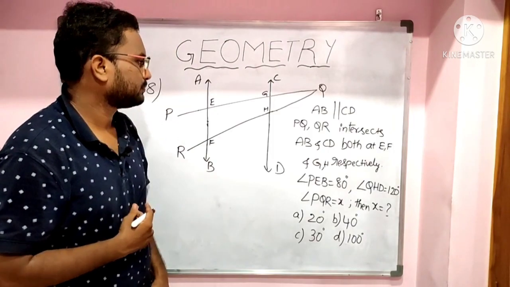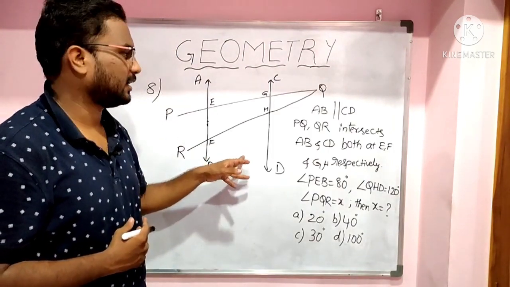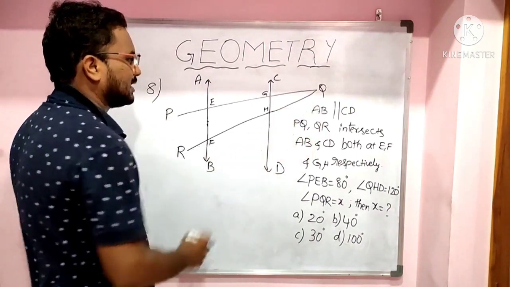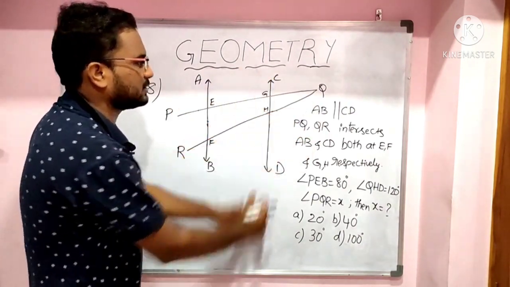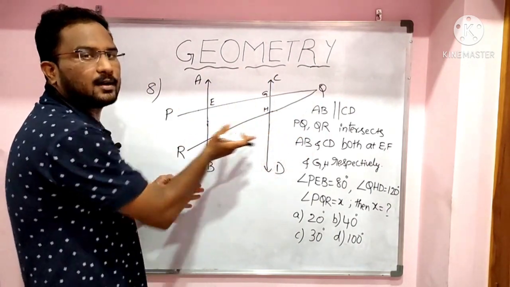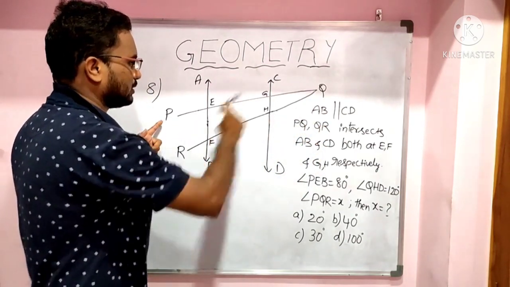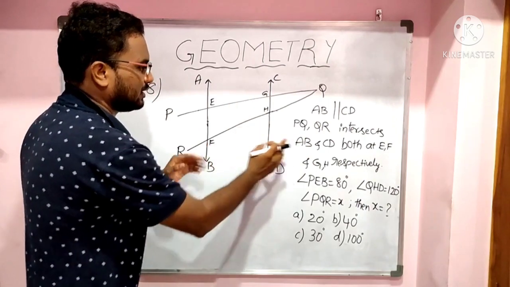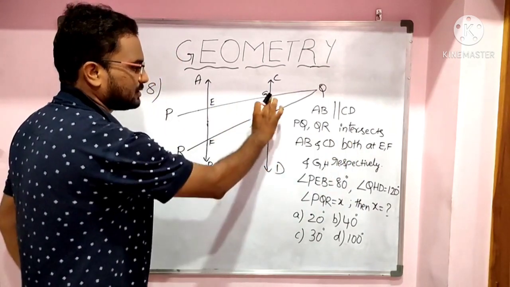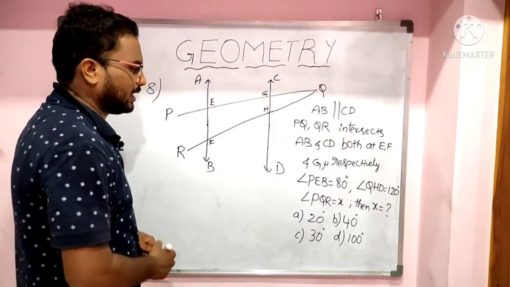Next problem. He is given a figure and AB is parallel to CD. These two lines are parallel lines. PQ and QR intersect AB and CD at E, F and G, H respectively.